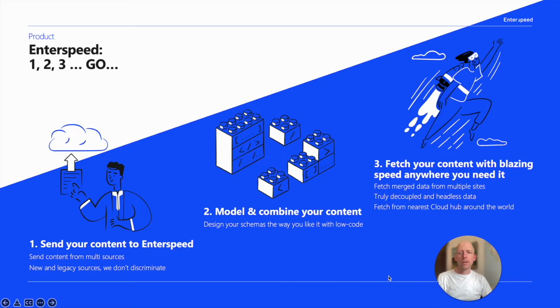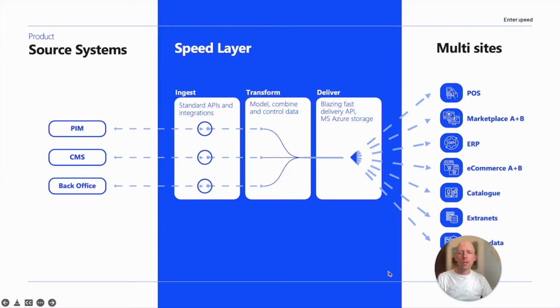And going a bit more into detail, what happens is that you have various source systems. You then send the data into our speed layer. The first part is the ingest API. The next part is the transformation. This is where you define your models using the schema.